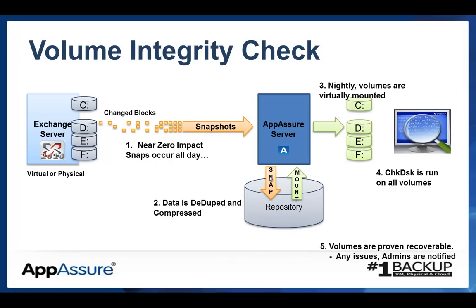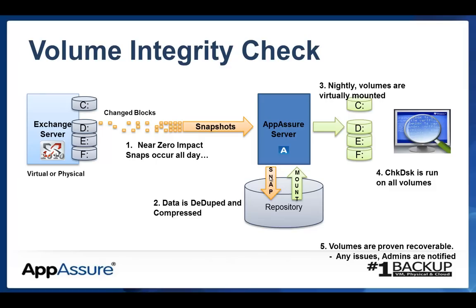And once the volume's been reassembled, we can run things like check disk to make sure that everything is good. So we're using check disk in the first 3 of its 4 stages to make sure all of that data is actually usable. We look at things like the MFT, the security descriptors, the file descriptors, the file allocation table information.